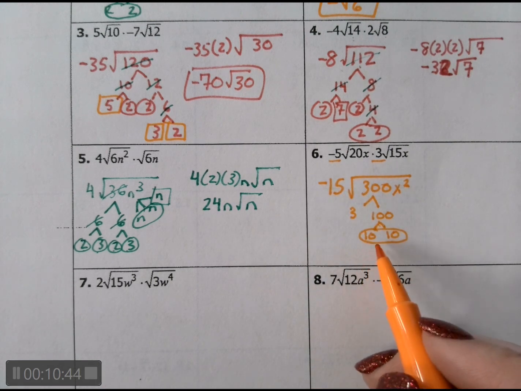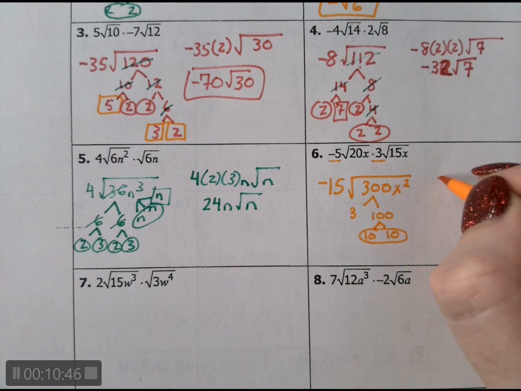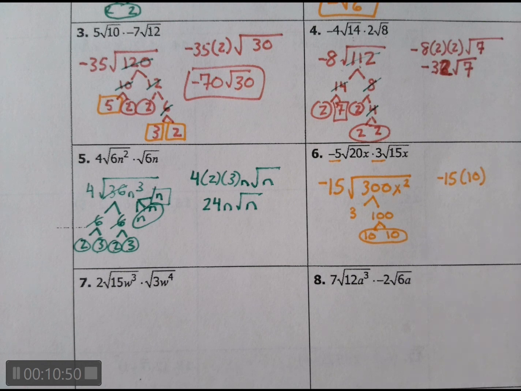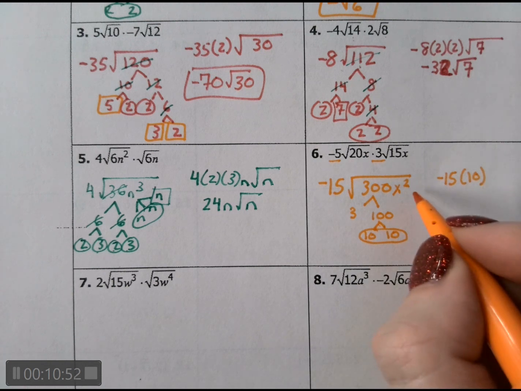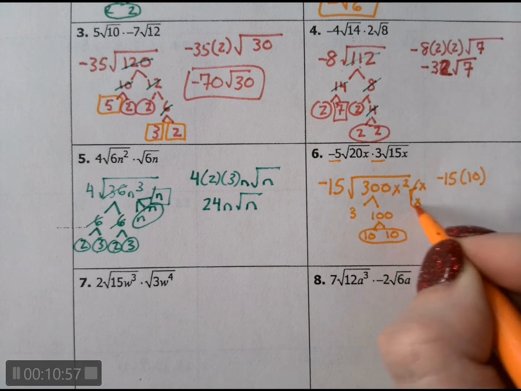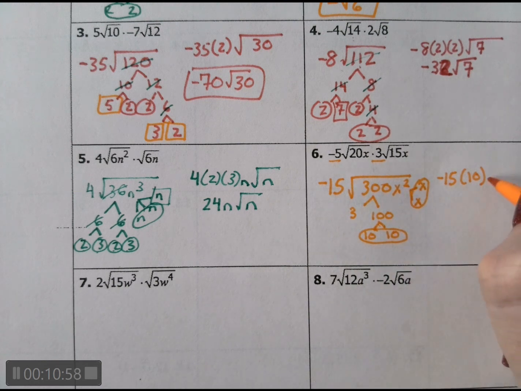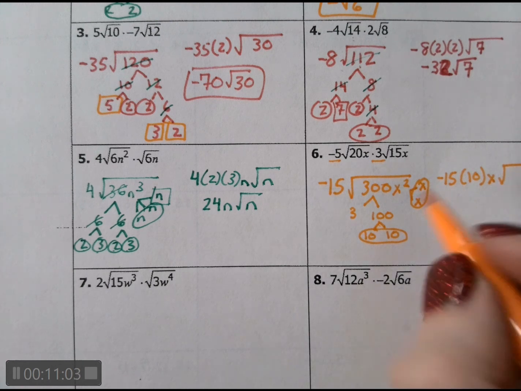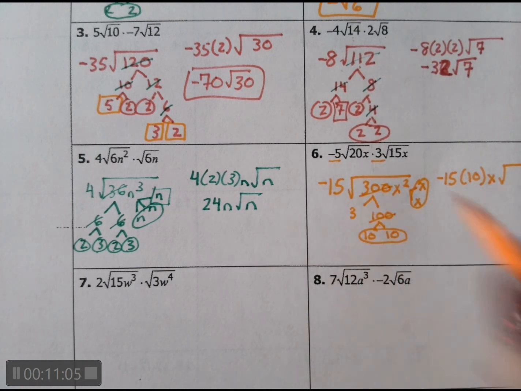Alright, so we have -15 times 10. And then do the same thing with your x's. We have a pair of x's, so x, and then square root of whatever is left over. Well, we used the 100, we used the 300, we did not use the 3.